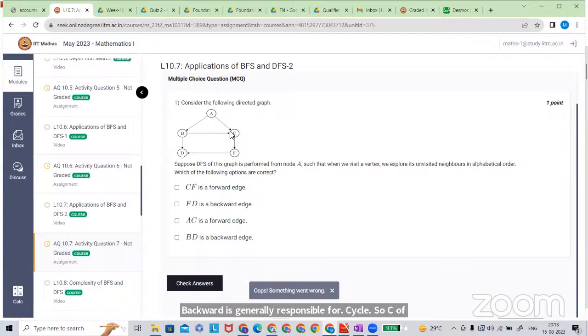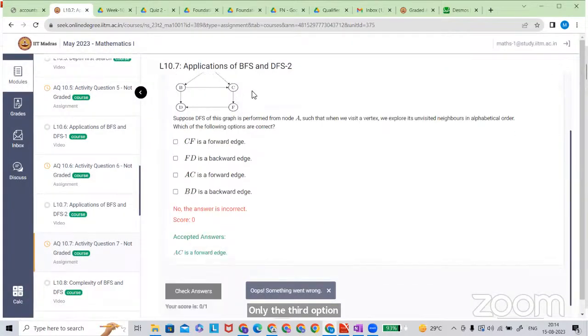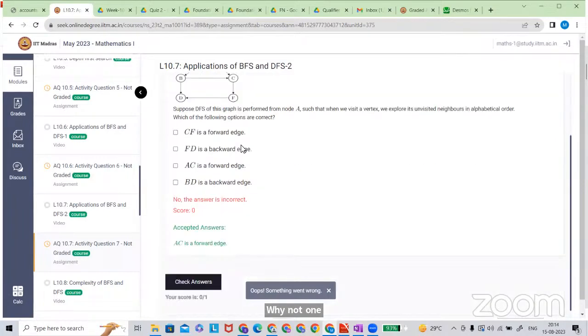So CF is a forward edge is what it is saying. So we have CF. If you go with A, C and CF, which option is true? Third option only. Why not 1? AC is a forward edge. So A and C, where is A and C?